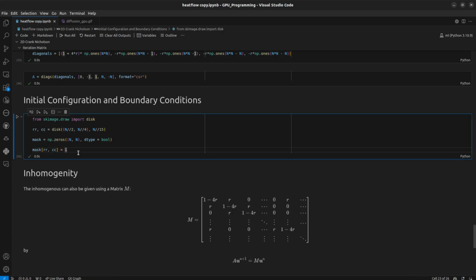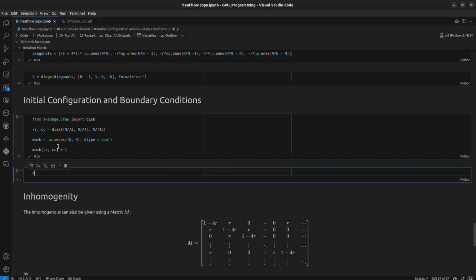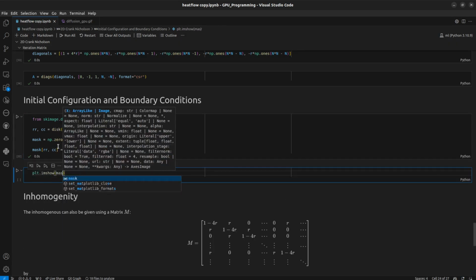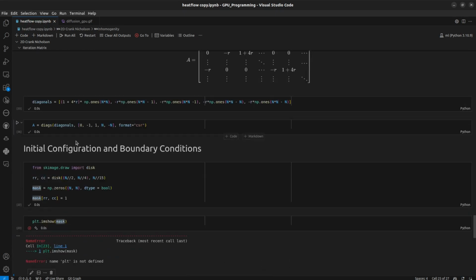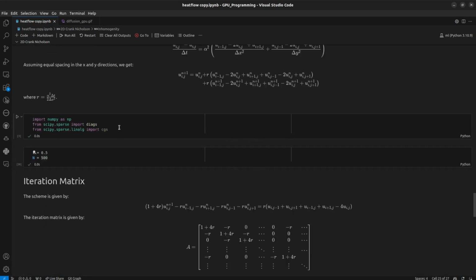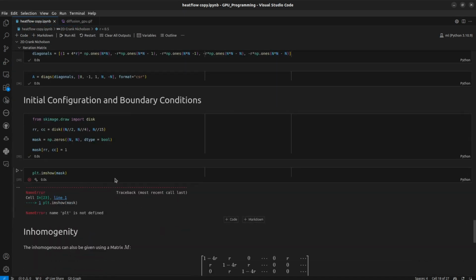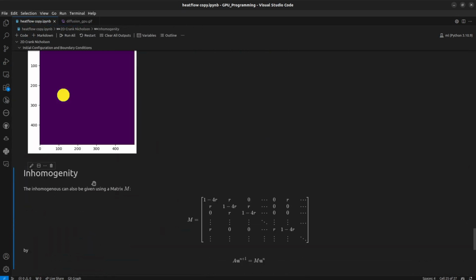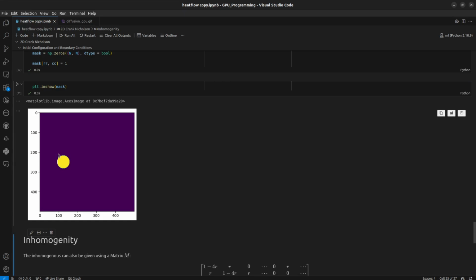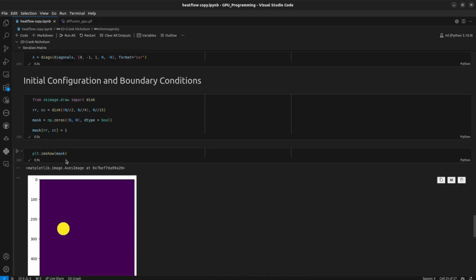And if we have a look at our mask right now, that yields one circular area where we can later on set our initial temperature.